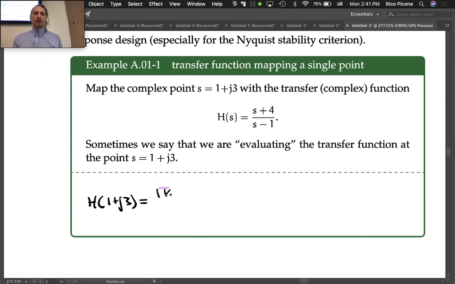So 1 plus j3 plus 4 over 1 plus j3 minus 1. And the 1's cancel. You have a j3 on the bottom. You could multiply it by j over j if you wanted to give yourself 1 minus j5/3.